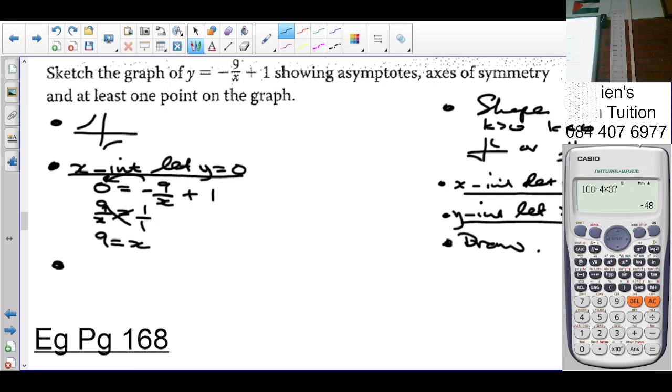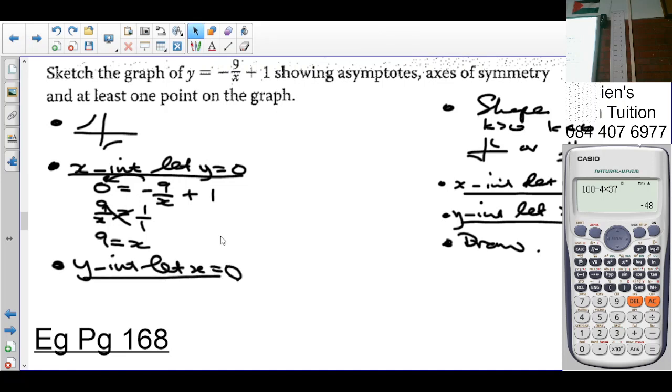Next point is to work out our y-intercept. How do you calculate the y-intercept? X equal to 0. What do you think?